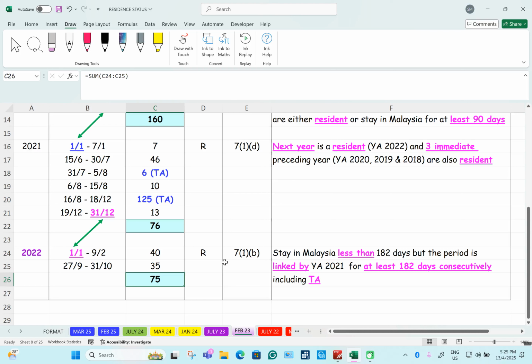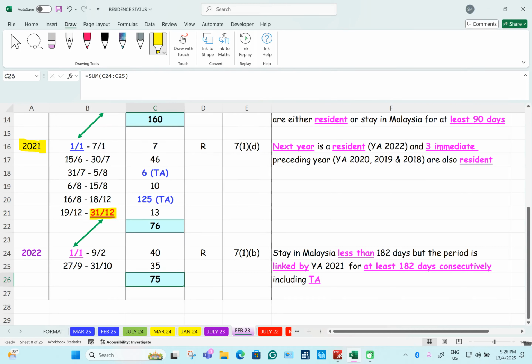Okay. Here we go, everyone. Let's try Limbai 2. Condition number 1 in YA 2021: I need 1 day in December. So December, I need 31st December. Do we have 31st December? Yes, we do. Okay, next. So you go down to YA 2022.